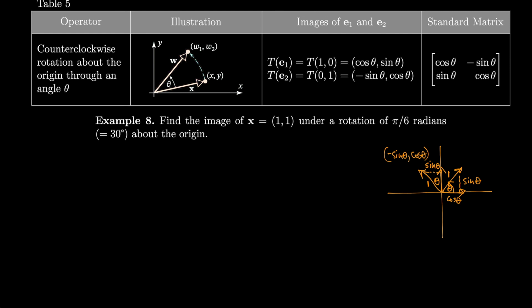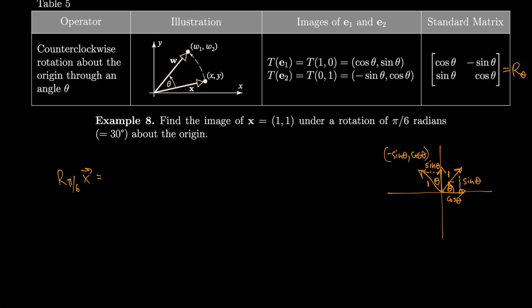As an example, let's find the image of x under the rotation of pi over 6 radians about the origin. Oh, by the way, this is commonly referred to as R theta. This matrix is our standard rotation matrix. So let's take R theta for R pi over 6, and we'll apply that to x.